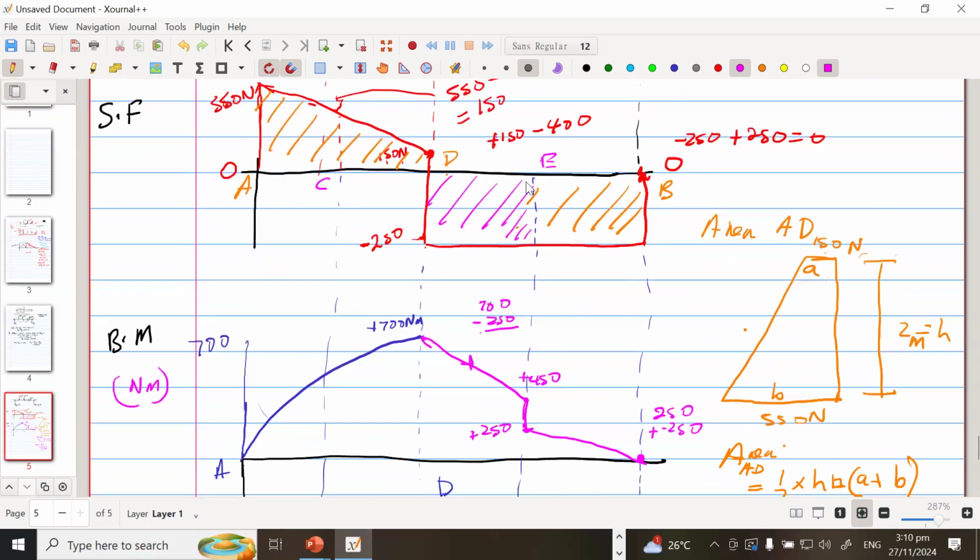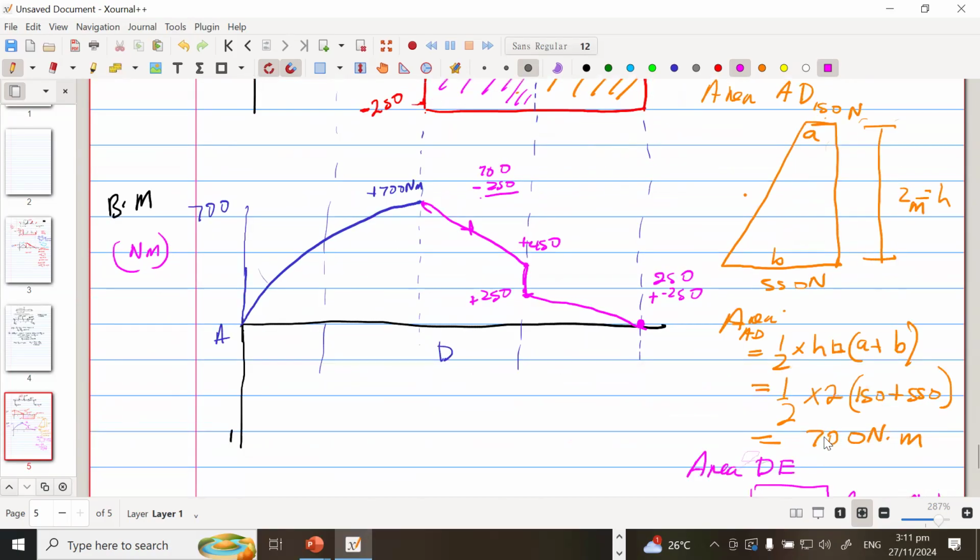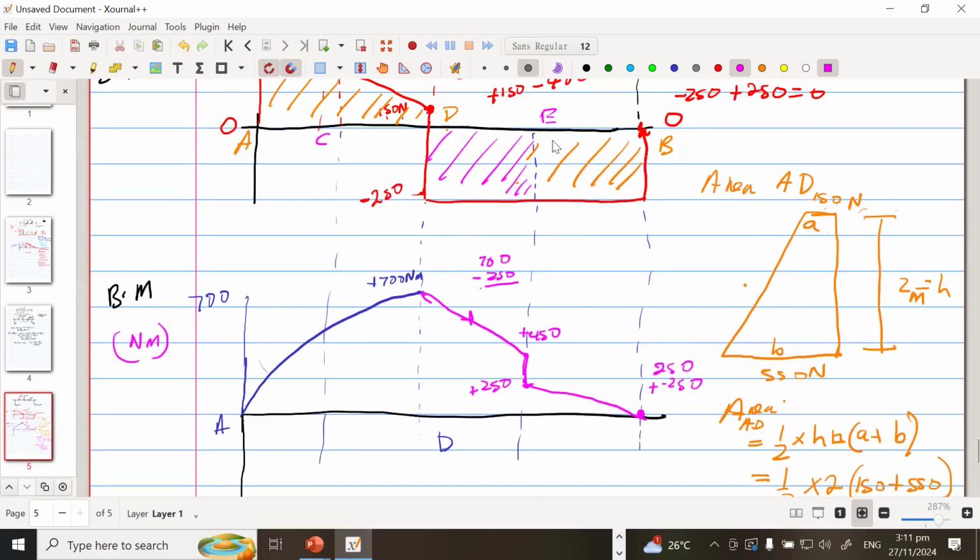The area underneath your shear force is negative. One thing you need to remember, the shear force here is negative, while this is positive. So the value you get up there is a positive value, positive 700 Newton meter down here. So it gives you a positive moment. The area down here is negative, so its effect is always going to be subtracting from whatever is up here. This was positive, this is minus, so it's going to drop it 250. This is minus again.